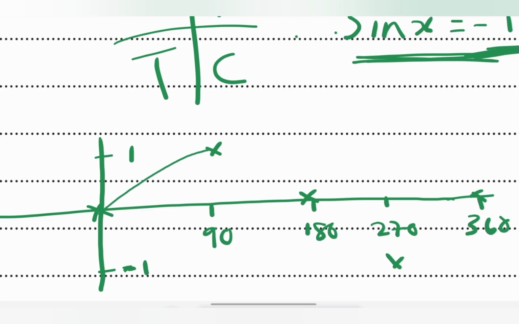So whenever you get a trig function being equated to minus 1 or 1, it's always good to see if you can draw the graph and get your answer from there, because the sine graph will look like this, right?